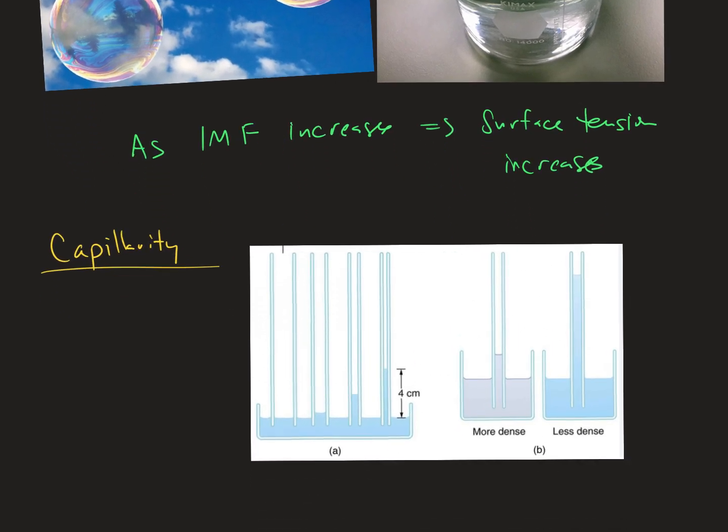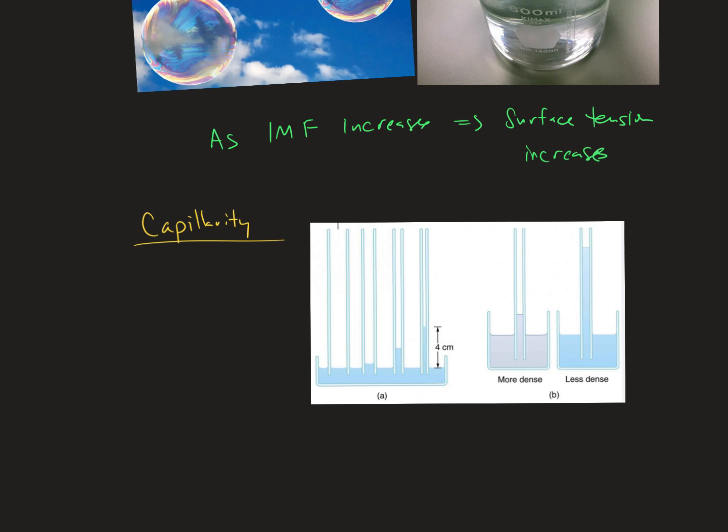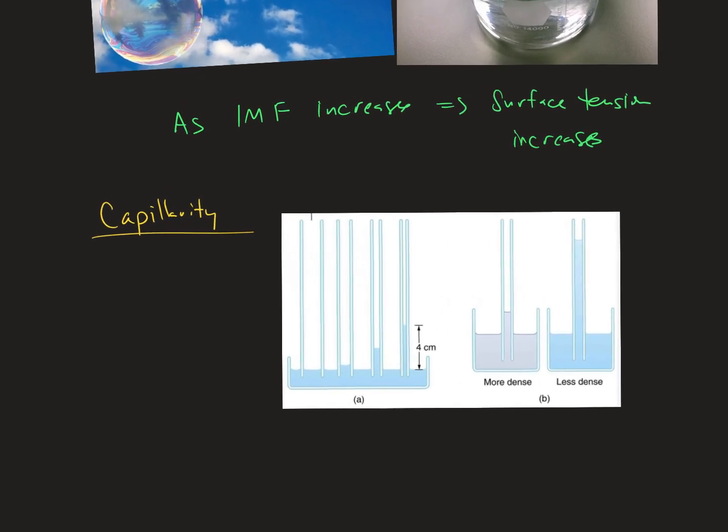In capillarity, you have an adhesion force where this water is attracted to the non-water, which is the side of the material of the container here. So let me show you another picture.